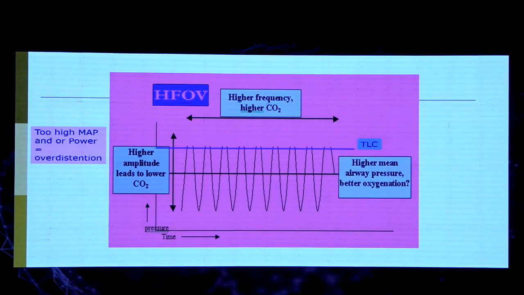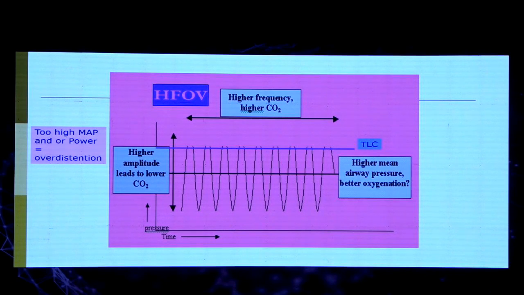I just want to note that sometimes you may be ventilating the baby at a very high mean airway pressure or very high power, leading to overdistension. So you're at total lung capacity. Whenever you reach that point, things become different.